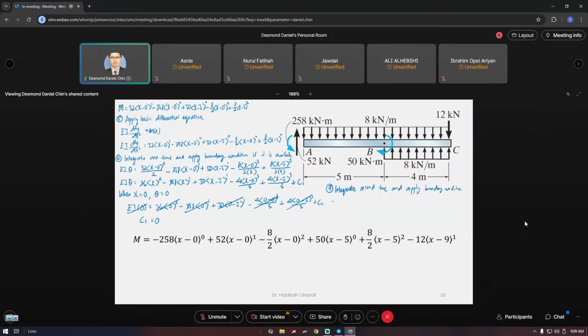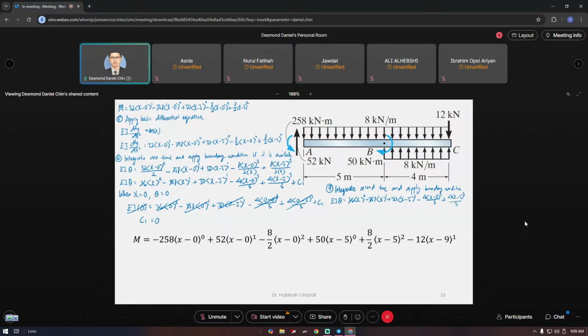So now my latest equation is EI theta equals 26x squared minus 258 x to the power 1 plus 50 x minus 5 to the power 1 minus 4 x minus 0 cubed divided by 3 plus 4 x minus 5 cubed divided by 3.